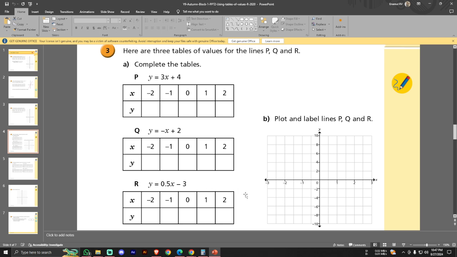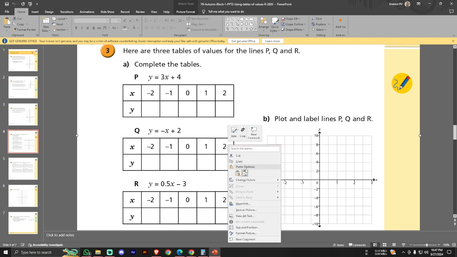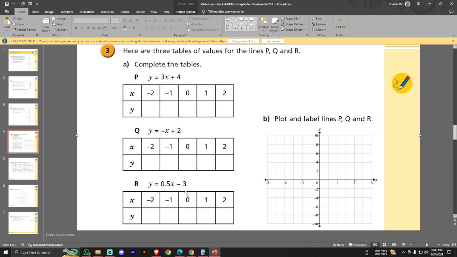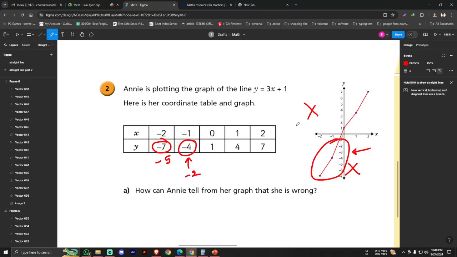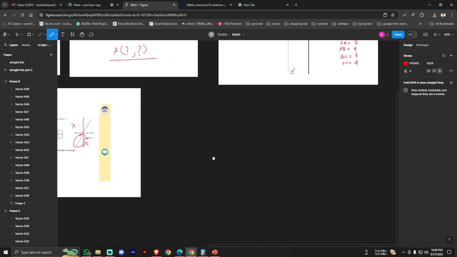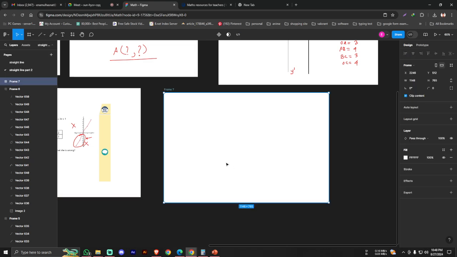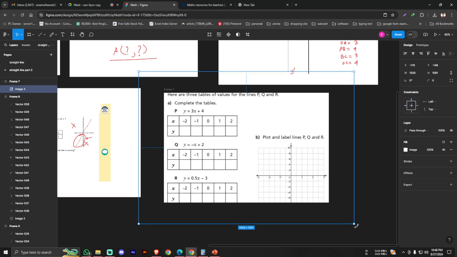Okay, we're just going to do the last one because it has a 0.5 in it, a half. The other two you can basically do. Let's just do that example for now. The rest you can do at home.